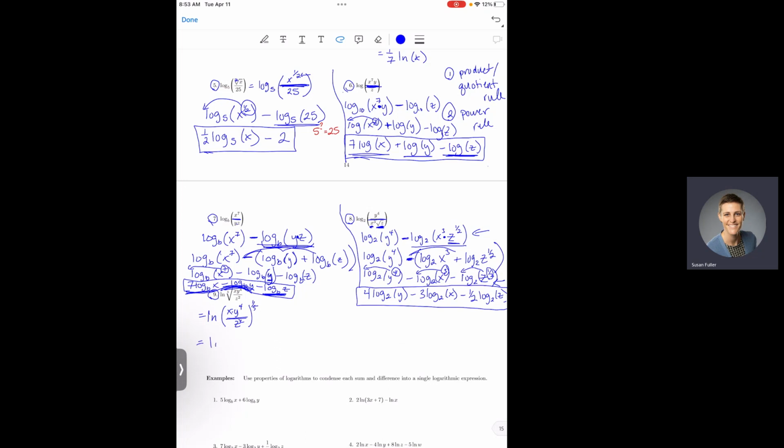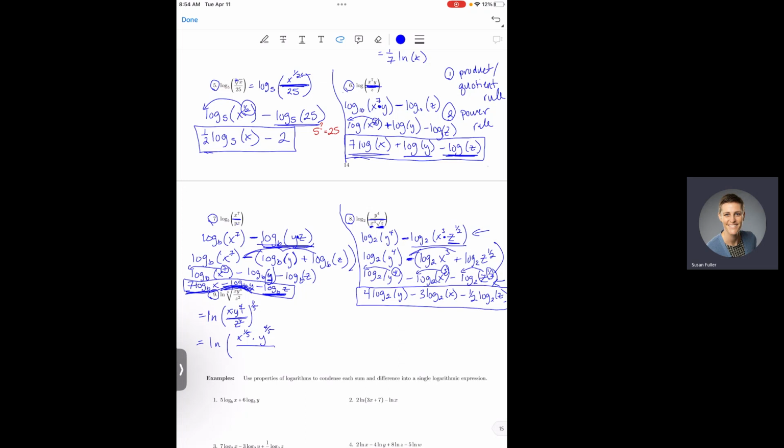So this is the ln of x to the 1/5 times y to the fourth to the 1/5 power. When you have two powers, you multiply them. So that becomes 4/5 power, because 4 over 1 times 1 over 5 is 4 over 5 when you multiply across.